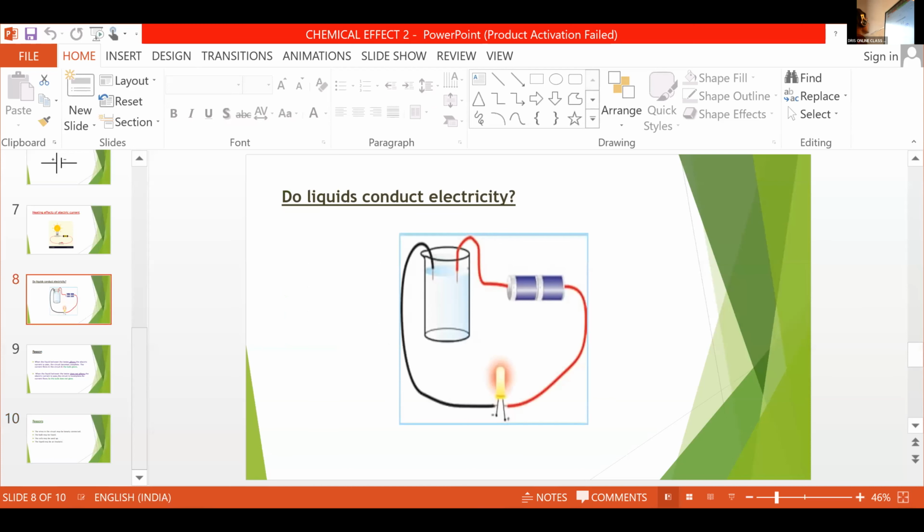So when we consider this figure, can you see the figure? Yes, ma'am. It is an electric circuit. What is meant by electric circuit? A complete circle of power.